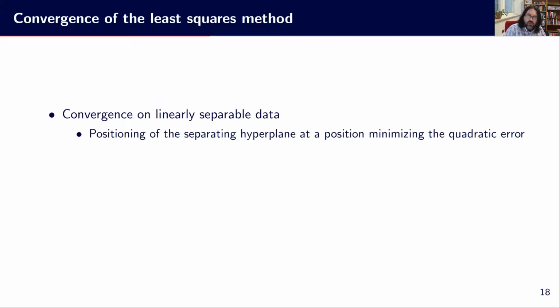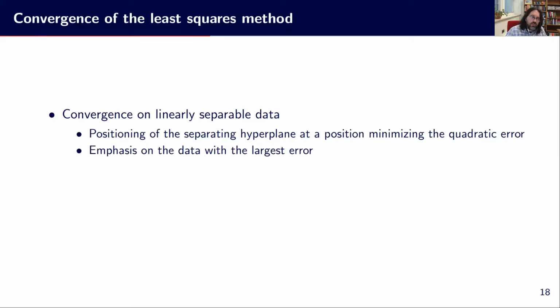So again, like with the perceptron, the least square method will converge to some kind of configuration with linearly separable data. It will position the hyperplane to minimize the quadratic error. And it is putting emphasis on the data with the largest error.